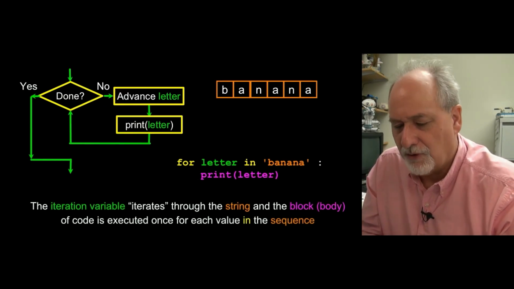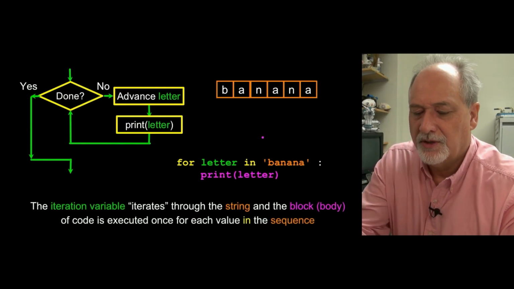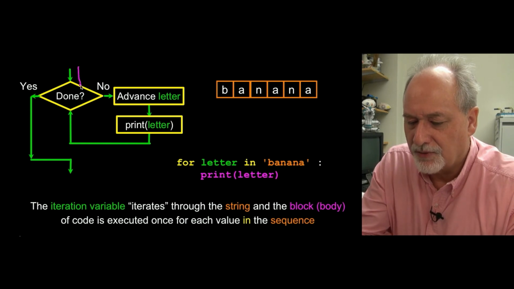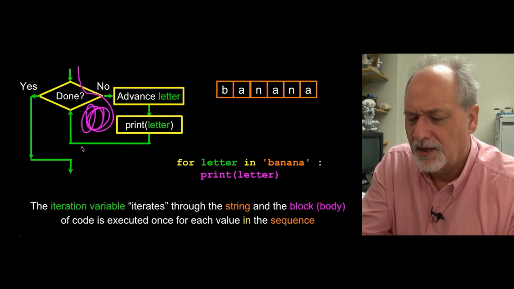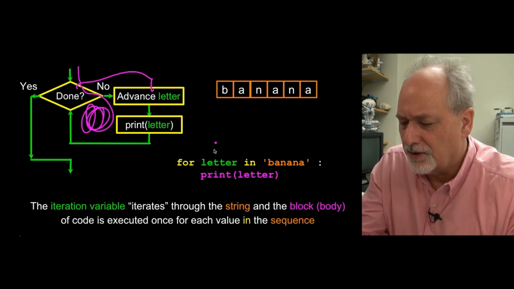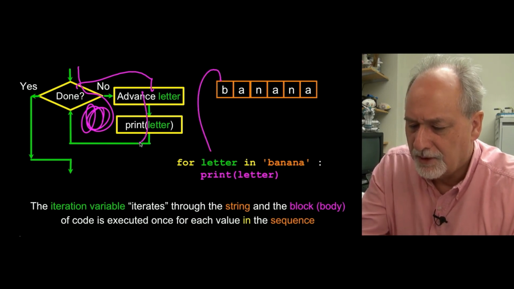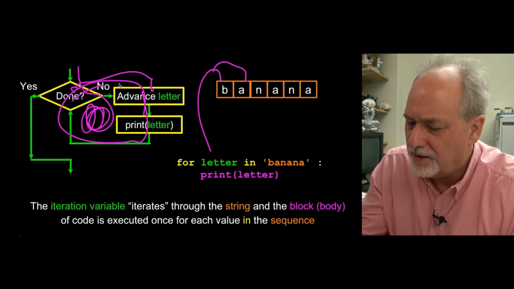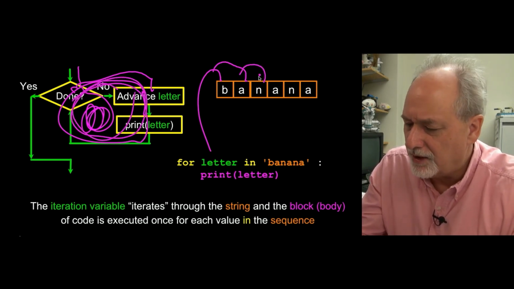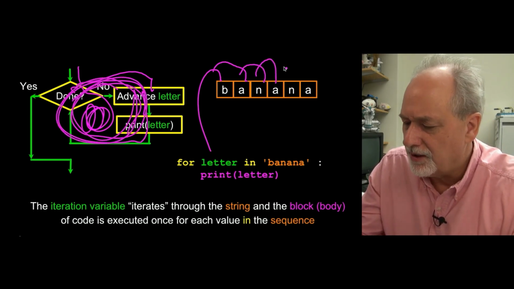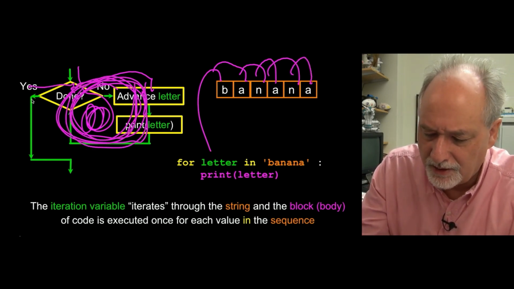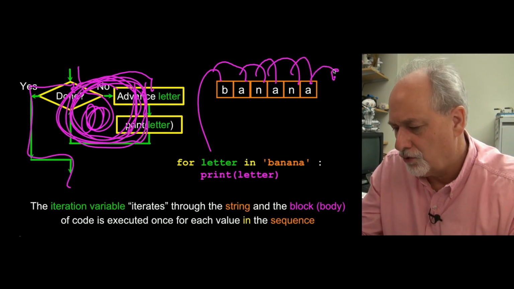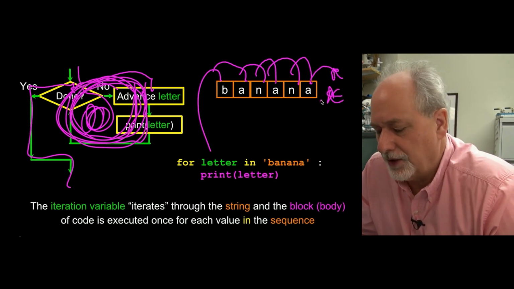Of this really smart for loop. The for loop is both deciding how many times to run the loop, in this case 6, and advancing the letter. So advance, print, decide whether you're done; advance, print, decide whether you're done, and so on. Now I am done because we're done with that particular string.